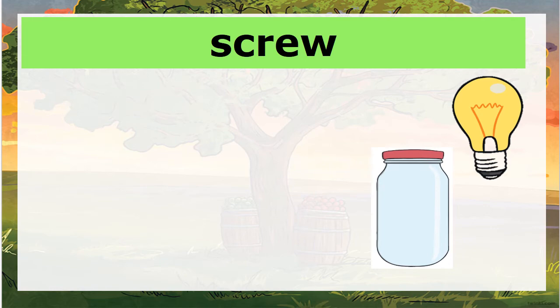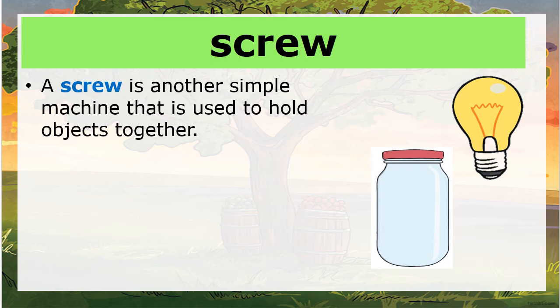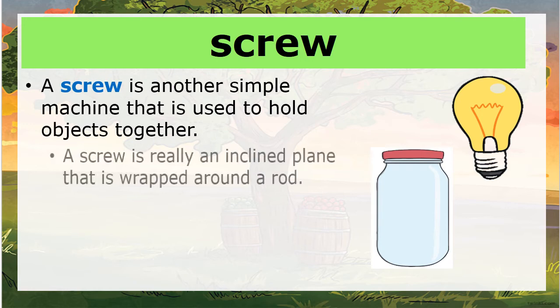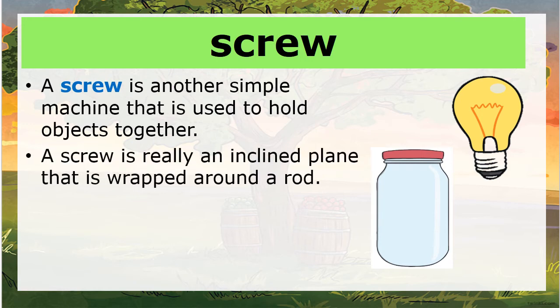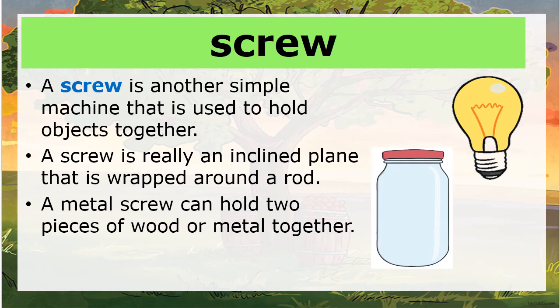Now we have the screw. A screw is another simple machine that is used to hold objects together. A screw is really an inclined plane that is wrapped around a rod. A metal screw can hold two pieces of wood or metal together.